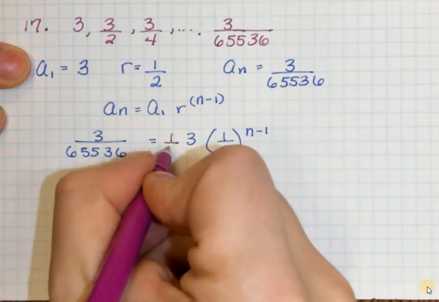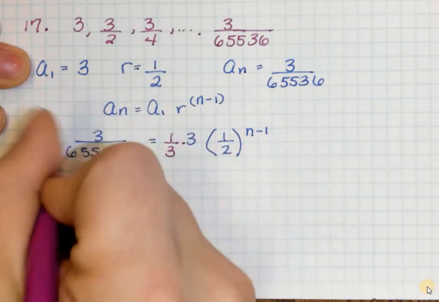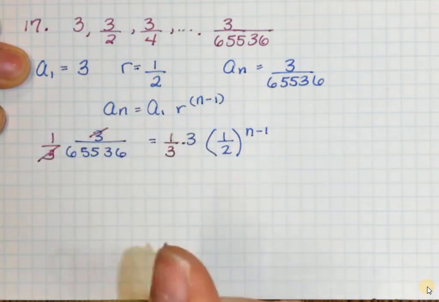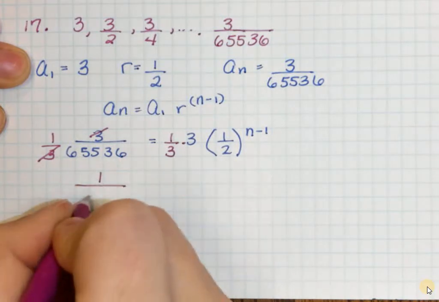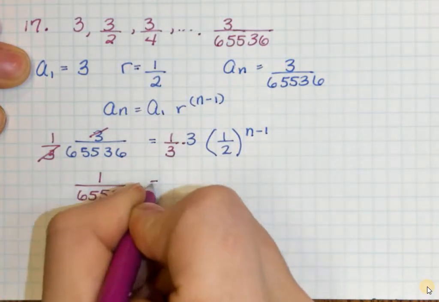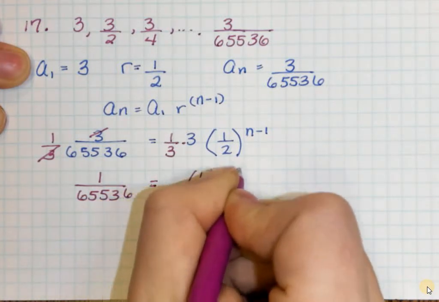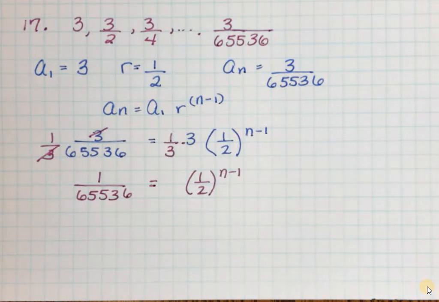I'm going to consider it in terms of 1/3, simply because I think it's easier to think about that way. So those guys cancel out. And now I have 1 over 655,36 is equal to 1/2 to the n minus 1. That's kind of weird to solve if you've forgotten something. How do I solve this equation?